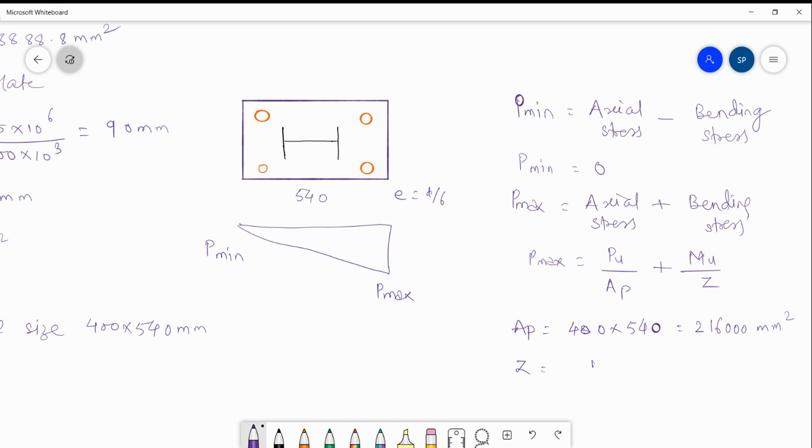Then Z, section modulus, is BD square by 6. This will be 400 into 540 square by 6, which comes out to be 19.44 into 10 raised to 6 mm cube.